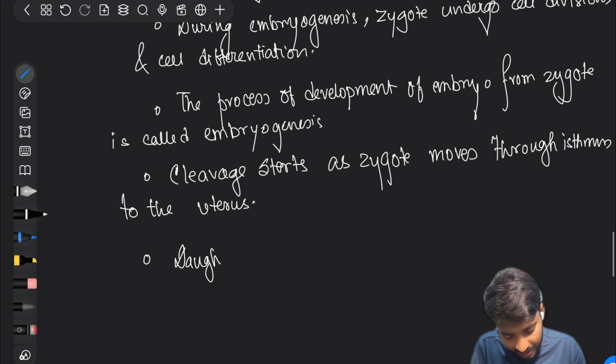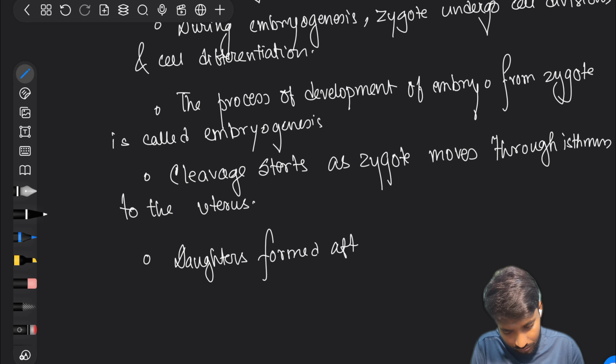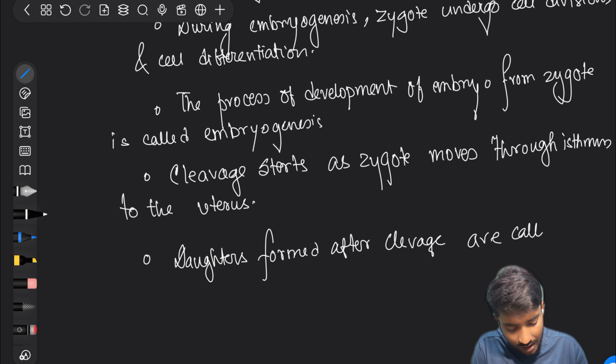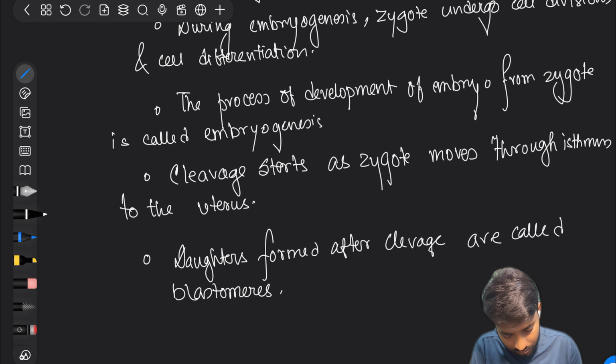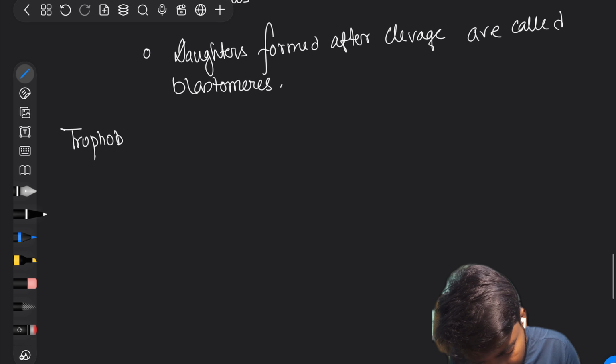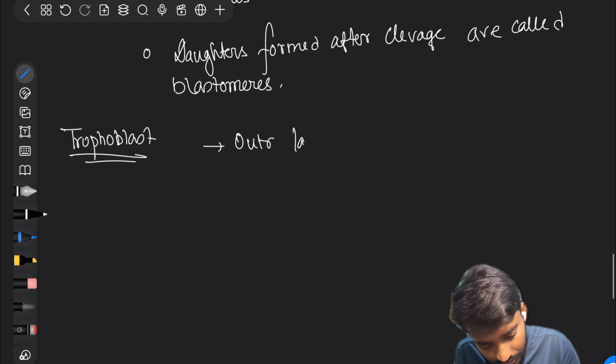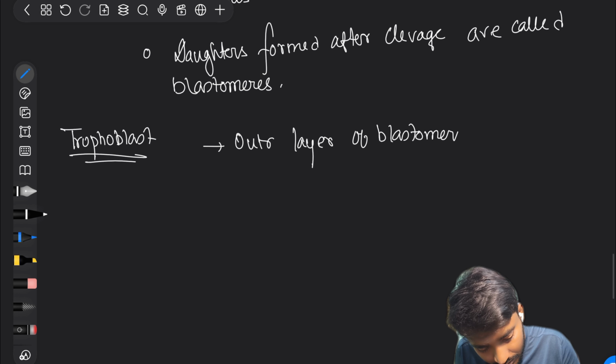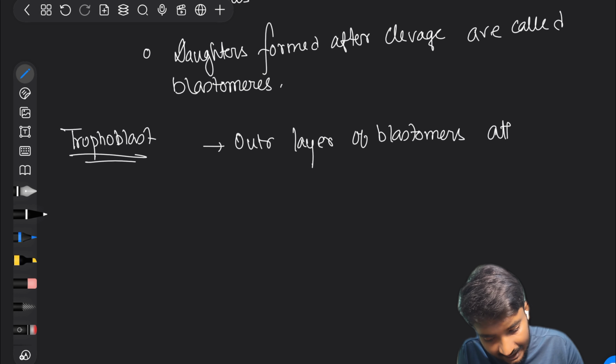The daughter cells formed after cleavage are called blastomeres. Now, what is a trophoblast? Trophoblast is the outer layer of blastomeres that attaches to the endometrium.